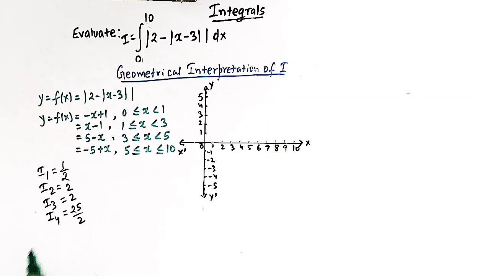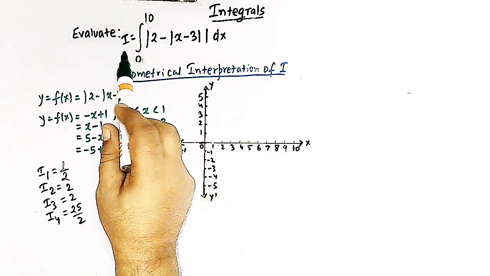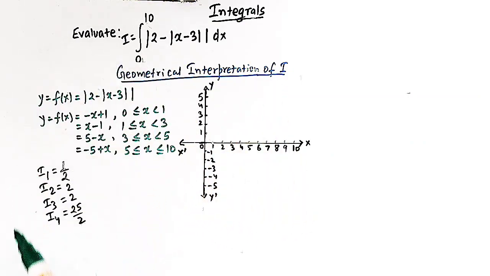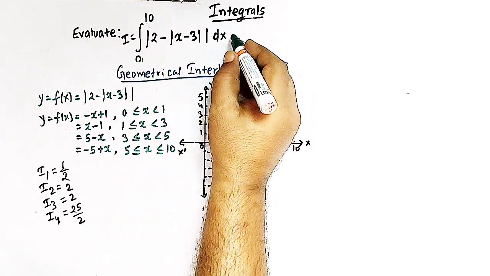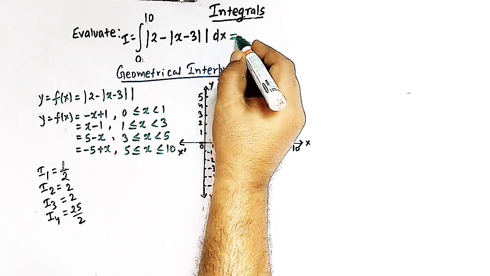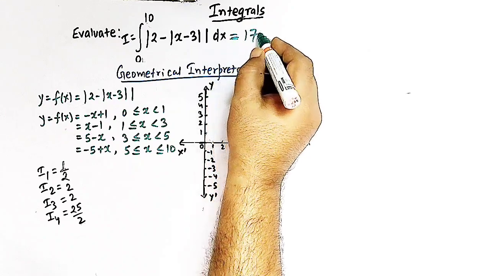So now let us consider the geometrical interpretation of this integral I. From the definition of definite integrals, we know that a definite integral represents area bounded by curves, right? And here we have calculated that the value of this integral is equal to 17.